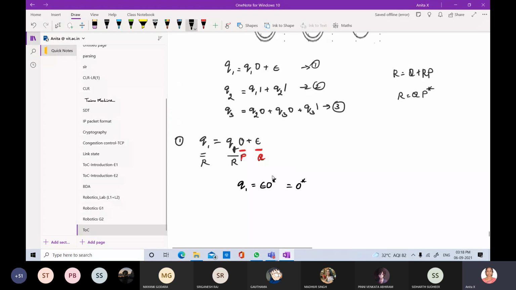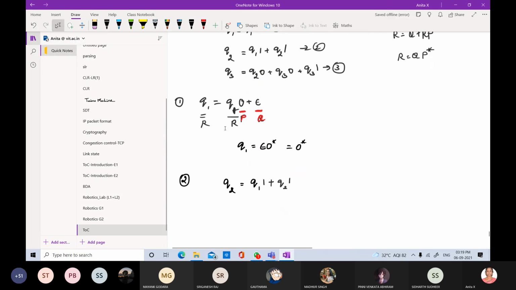So next we have to proceed with equation 2. What is 2? So Q2 is equal to Q1 1 plus Q2 1, right? So here I can replace Q1 with its regular expression.